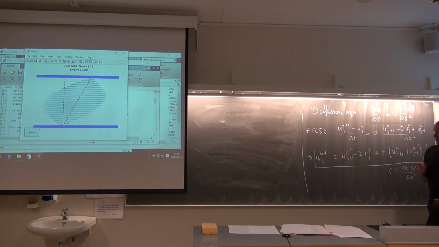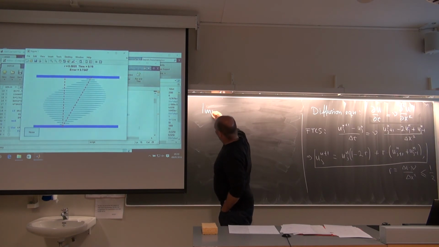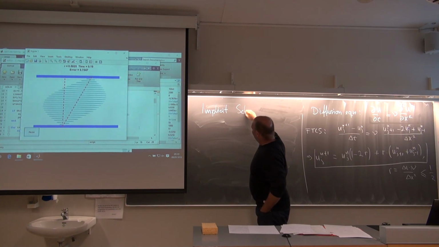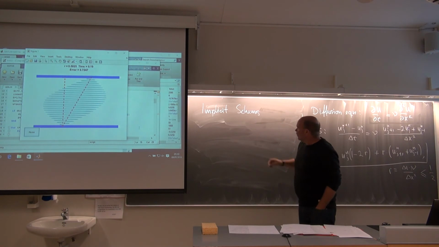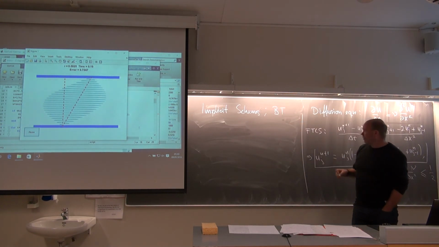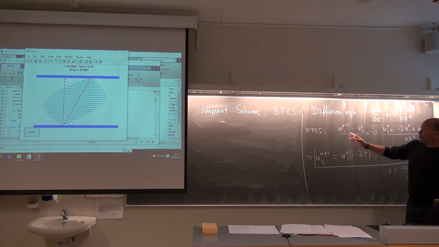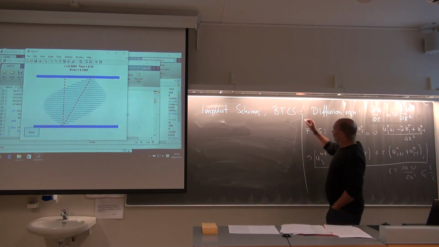So what can we do to help this? You have something called implicit methods or implicit schemes. So now we are talking about the backward time central space scheme. Instead of a first order forward time, we use backward time.